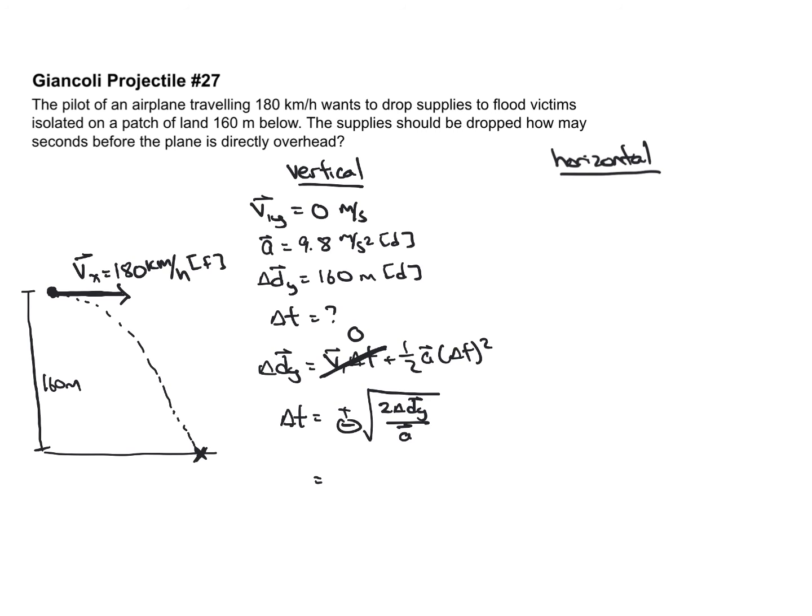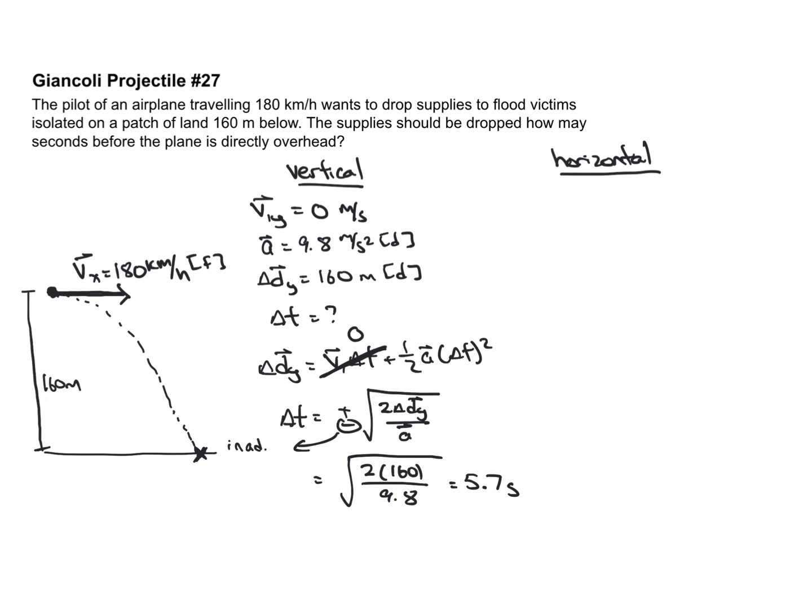The negative will be inadmissible for time. Okay, I'll go to my calculator. And round it to 2 sig figs, I'm getting 5.7 seconds.